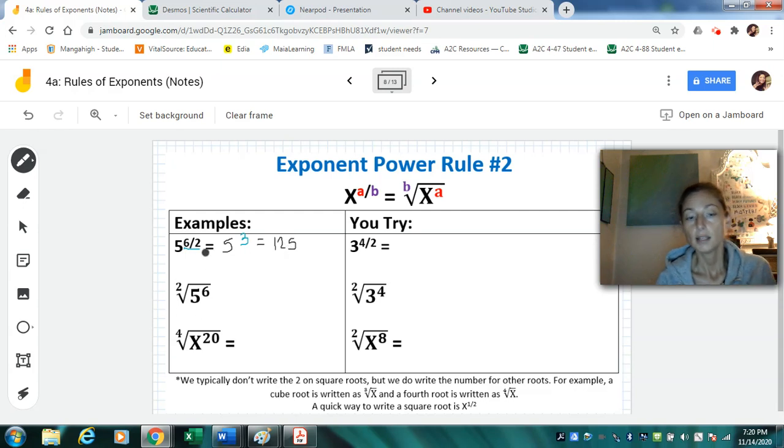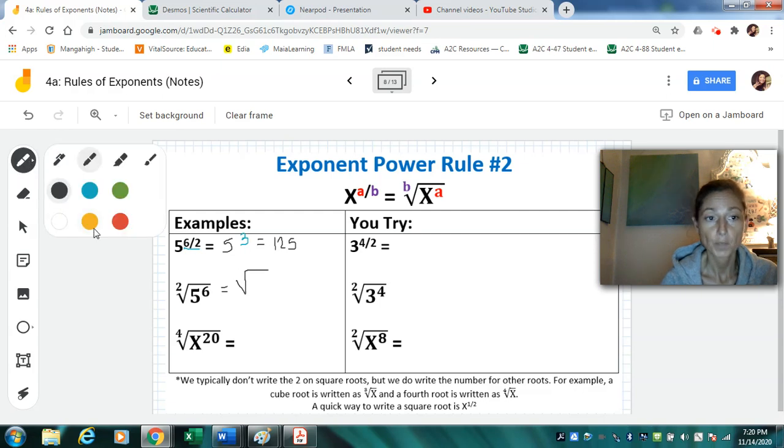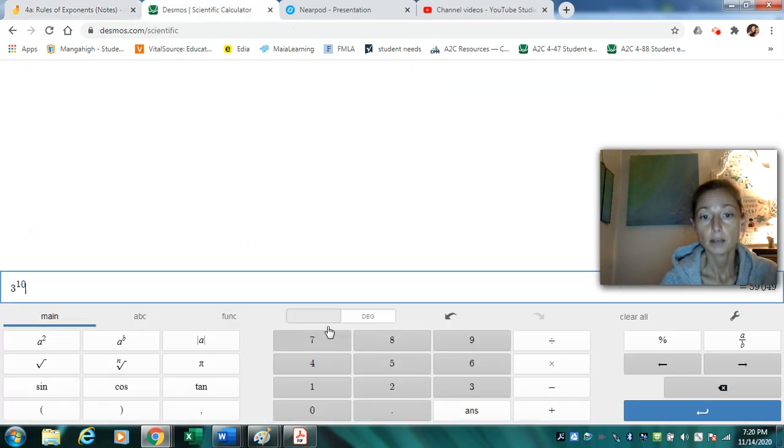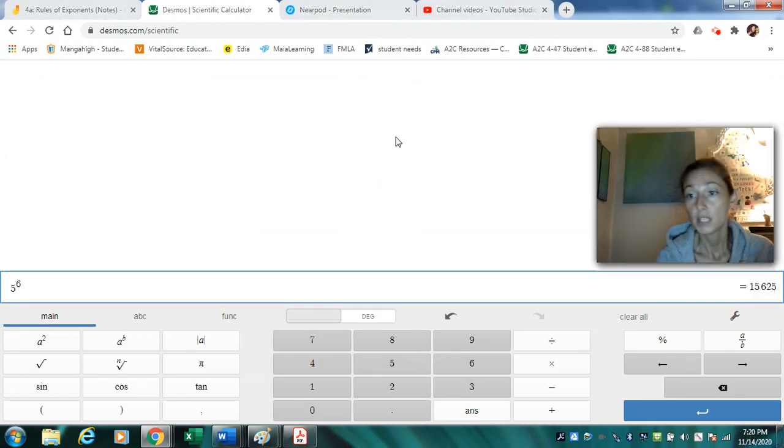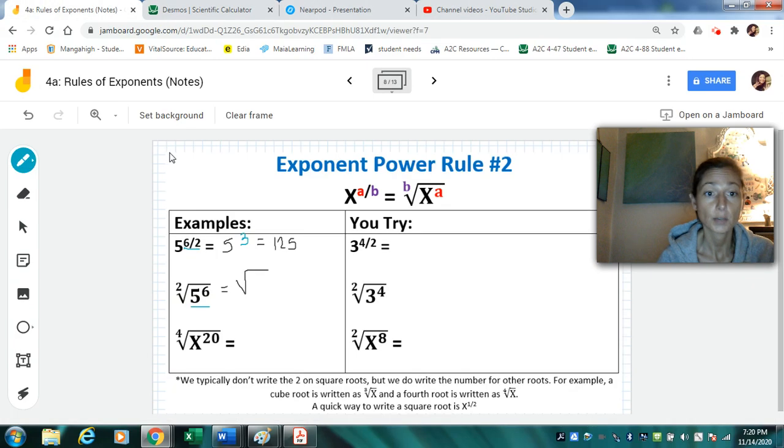Now, if I had this, which is a little bit more complicated, I would simplify that by first doing the inside of the root, which is the 5 to the 6th power. So I'm going to go to my calculator. 5 to the 6th power is 15,625.